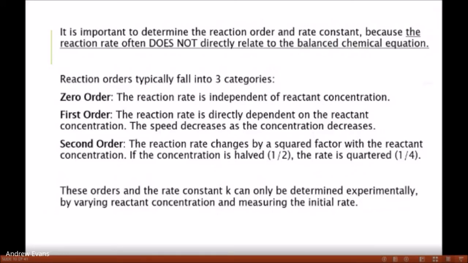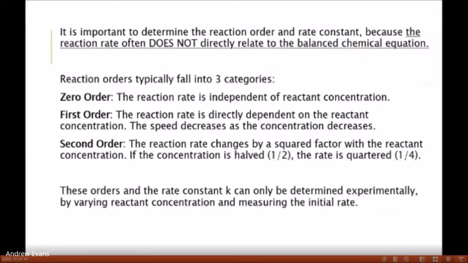Our reaction orders typically fall into one of 3 categories: a zero order reaction, which is a reaction rate that is independent of the reactant concentration, so changing the concentration does not largely change the speed of a reaction; first order, which is directly dependent; and second order, where the reaction rate depends on the square of the reactant concentration.